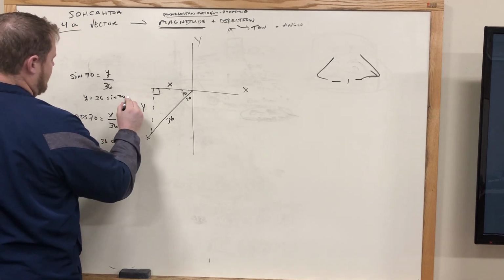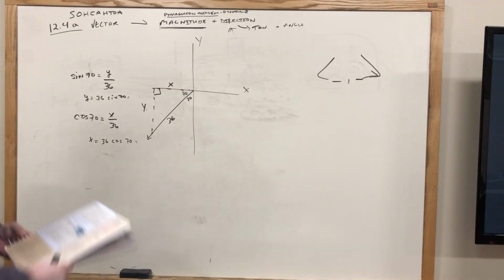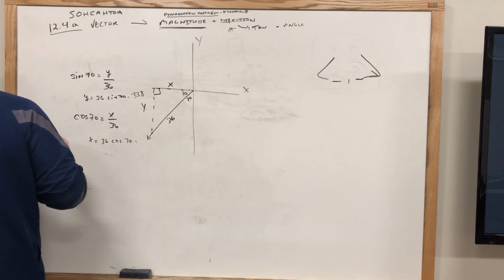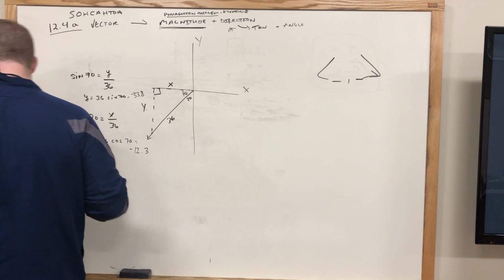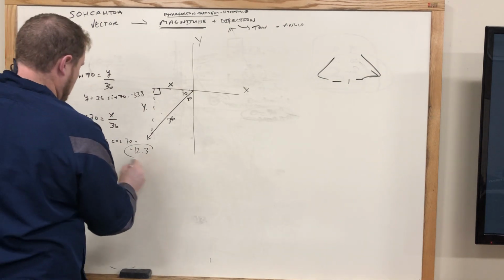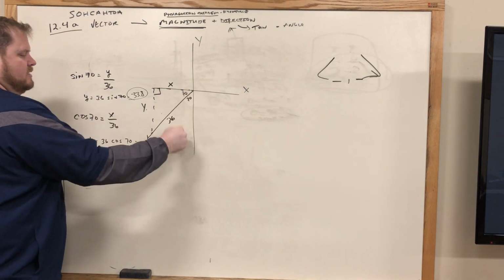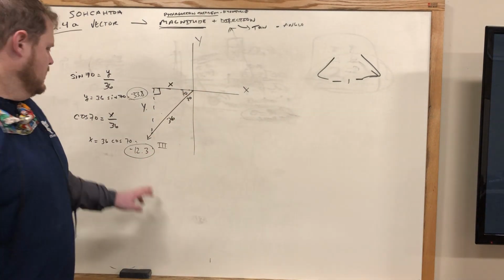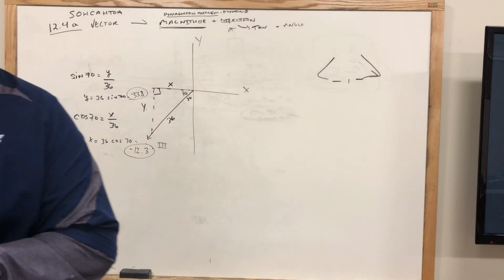And when you do the math on those, your Y is going to be negative 33.8, and your X is going to be negative 12.3. Why will they be negative? Where is this located? In the third quadrant. What's the third quadrant? Negative, negative. Okay? So when you plug those in, you can go ahead and begin to work. All right? Thank you.